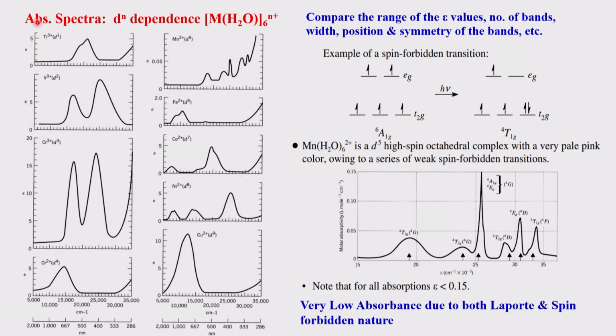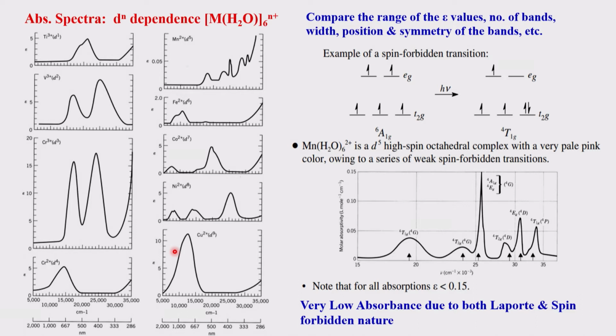Here it is 0 to 5, 0 to 10, then 0 to something like 20, and 0 to 5, etc. But here you see 0 to 0.5 or much less, very, very low. So the y-axis differences you also need to compare: the number of bands, shape of the bands, splitting of the bands, the sharpness and breadth of the bands, and the absorptivity, all of these. So that's how these change from D1 to D2 to D3.